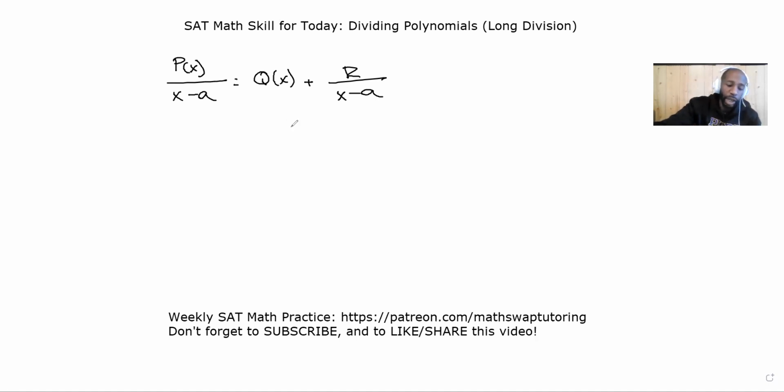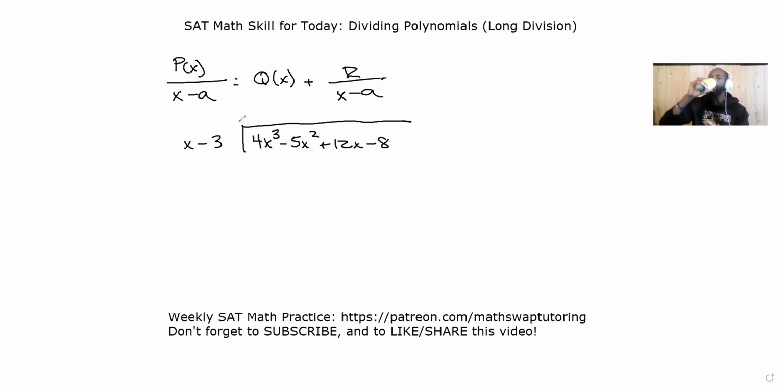So say that you have the following polynomial, 4x cubed minus 5x squared plus 12x minus 8, and you want to divide that by x minus 3. Now, you start by asking yourself, how many times does this first x term go into this first term of the polynomial?